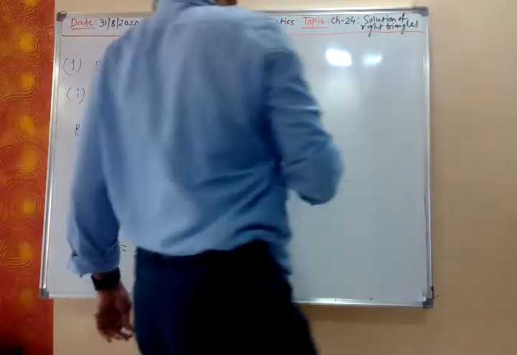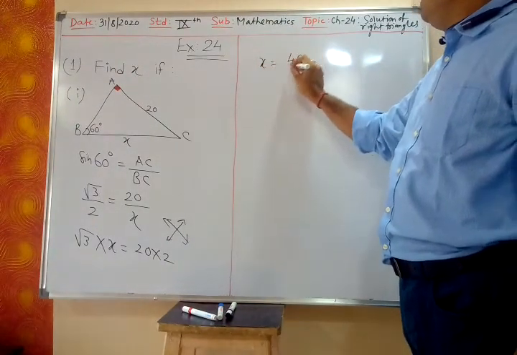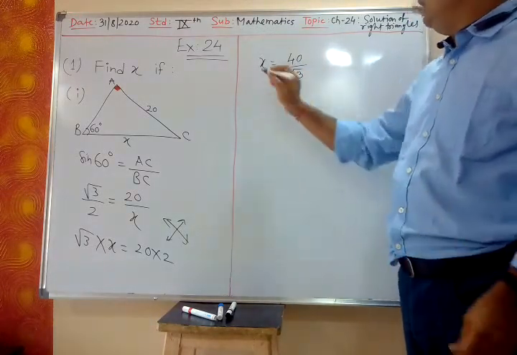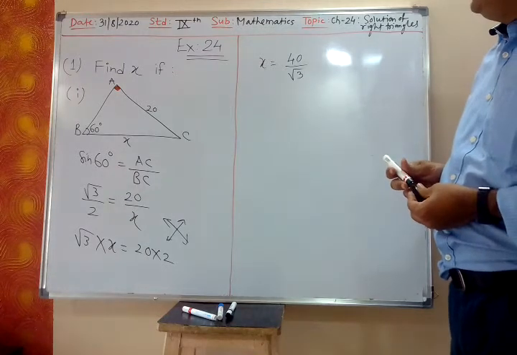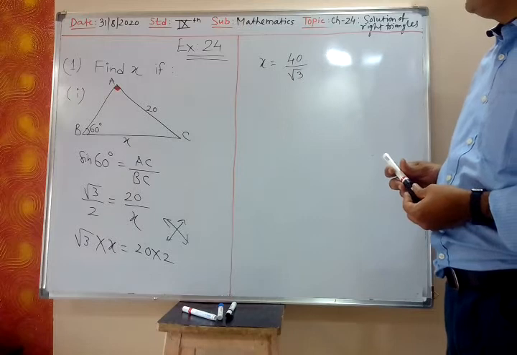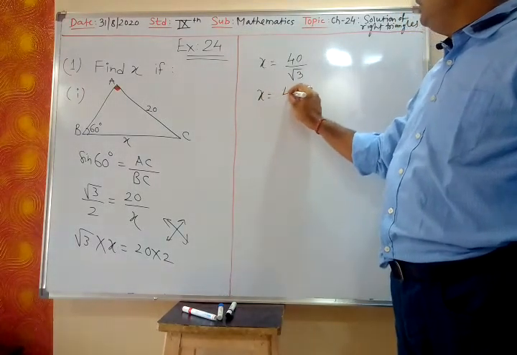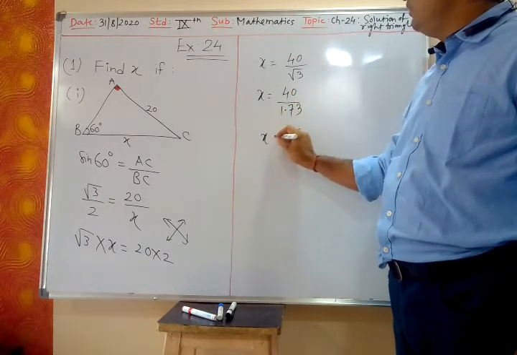So x is equal to 40 upon root 3. Now you divide, you will get the answer.